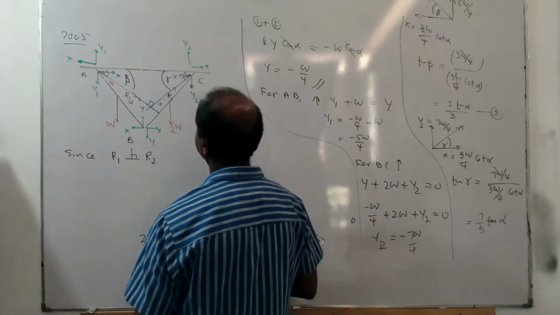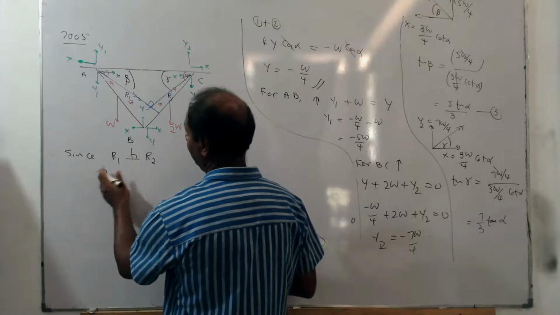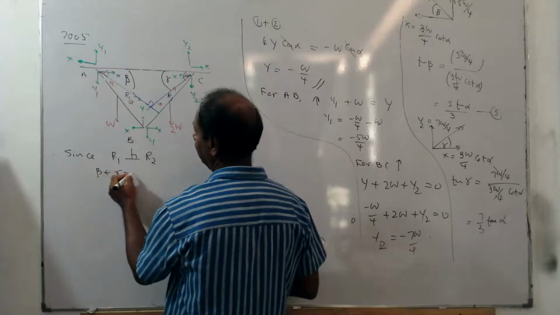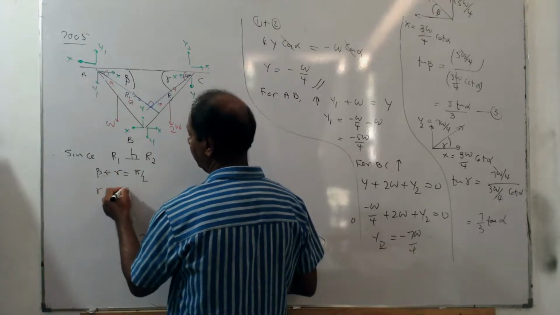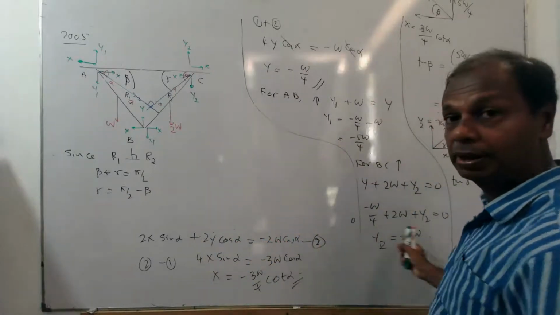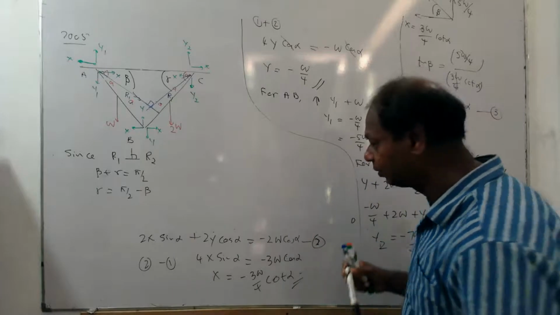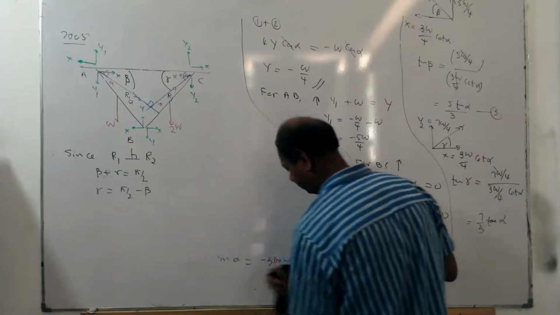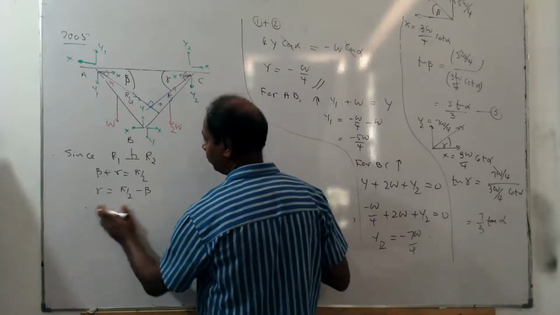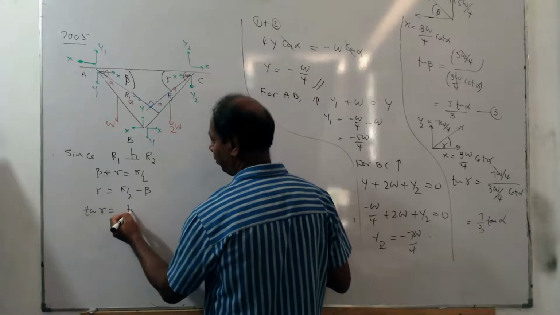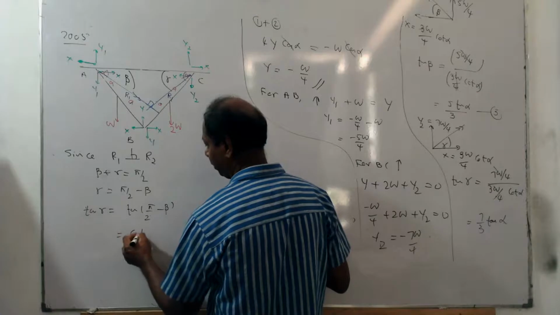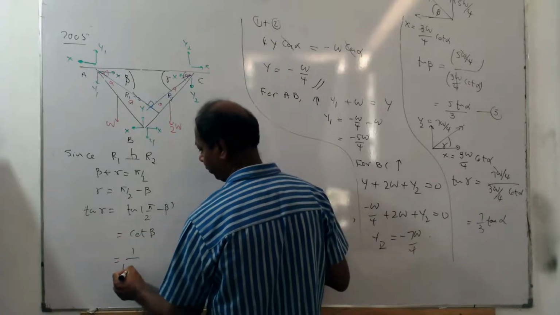You can say beta plus gamma equals 90, so gamma equals pi by 2 minus beta, and we have tan beta and tan gamma. To connect them, we can take tan on either side. Tan gamma equals tan of pi by 2 minus beta. So that's cot beta, 1 over tan beta.